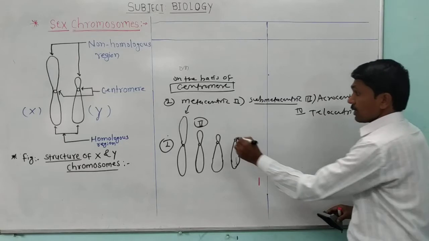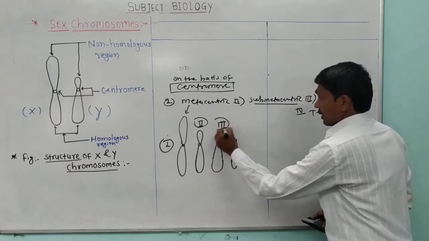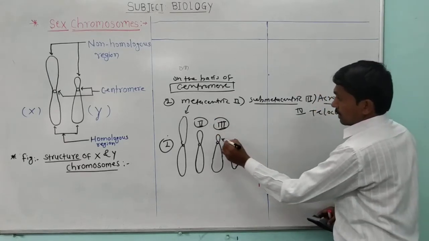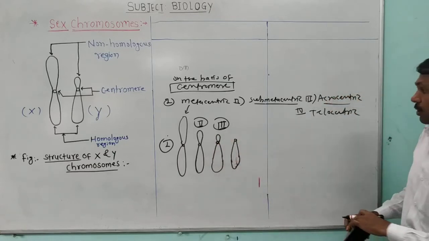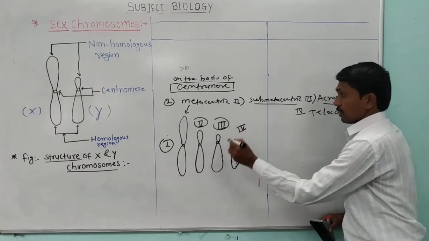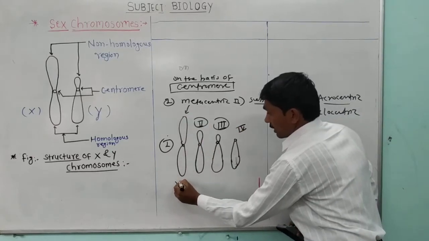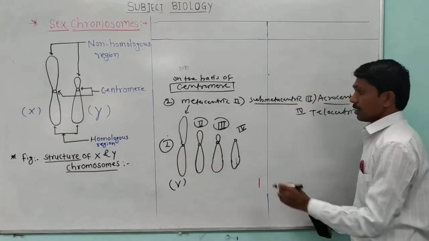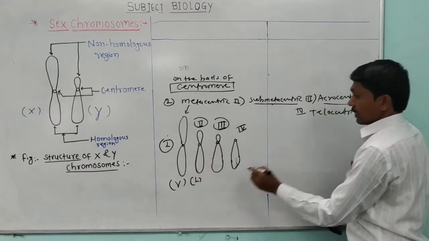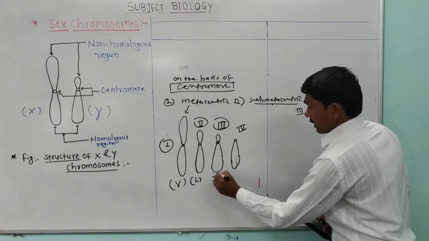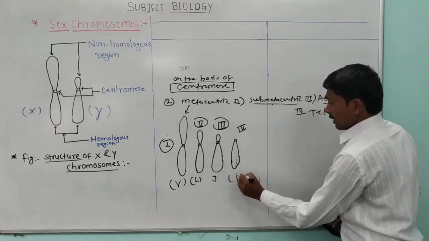The third one is acrocentric, and the fourth one is telocentric. Metacentric is V shape, submetacentric is L shape, acrocentric is J shape, and telocentric is I shape.